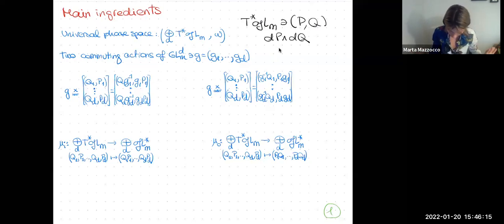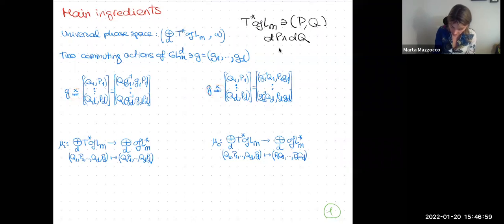So, okay. I can take D copies. D will be the degree of the divisor in P1, but for the moment, let's just take D to be an integer. And then we act on this T star by D copies of the Lie group GLM. And again, we can think about this point in these D copies to be given by D elements, each of which in GLM. And then we can define some actions, which I can write explicitly in the local coordinates. So these two actions will be called inner action and outer action.